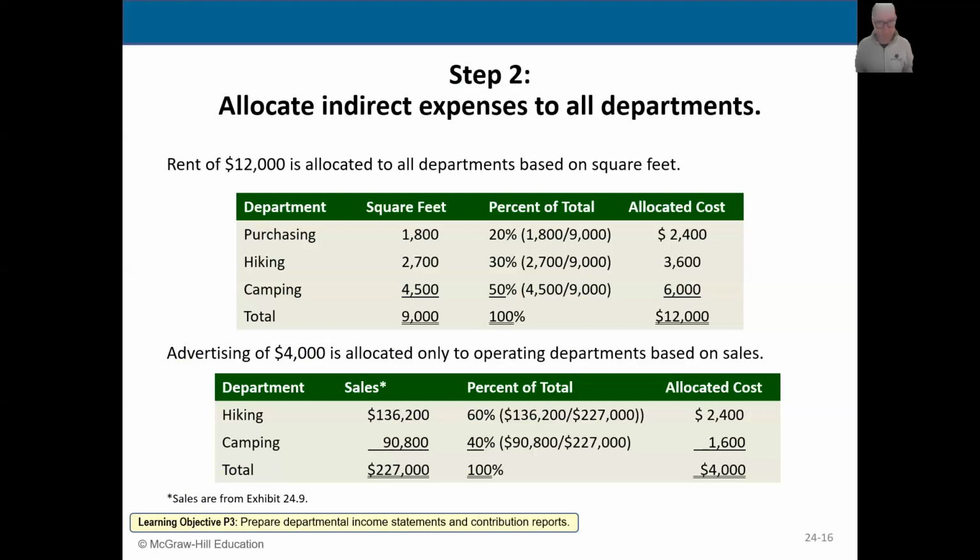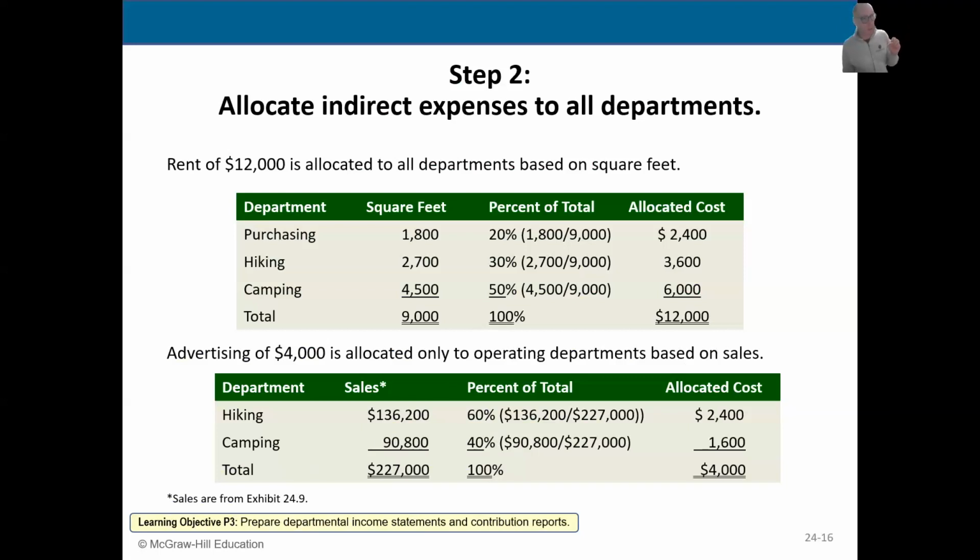That's 60%, which means the other department had 40%. We allocate the cost. 4,000 times 60% is 2,400. 4,000 times 40%, 1,600. So now I've allocated my indirect expenses.